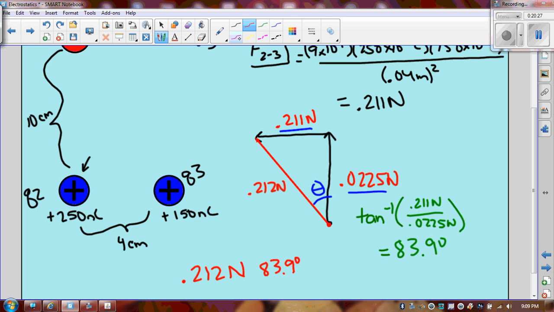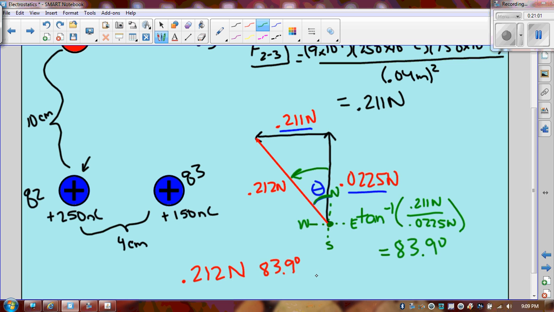Now the best way to do this that I tell students is, let's see, what color do I want to do this? I'll do it in green. Right at this point, right here, wherever your resultant is starting. So the resultant was the red. It's starting right here. At that point, draw an imaginary north, south, east, west direction. So there's north, south, there's west, and then there's east. So we can see that this angle is directed 83.9 degrees west of the north axis.